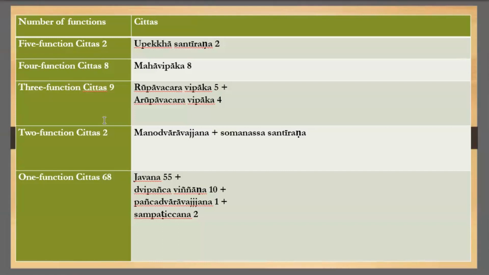Then there are 68 Chittas which perform only 1 function. What are they? 55 Javana Chittas perform only the Javana function. Then among the Panchaviññāna: eye consciousness, seeing function; ear consciousness, hearing; nose consciousness, smelling; tongue consciousness, tasting; body consciousness, touching.